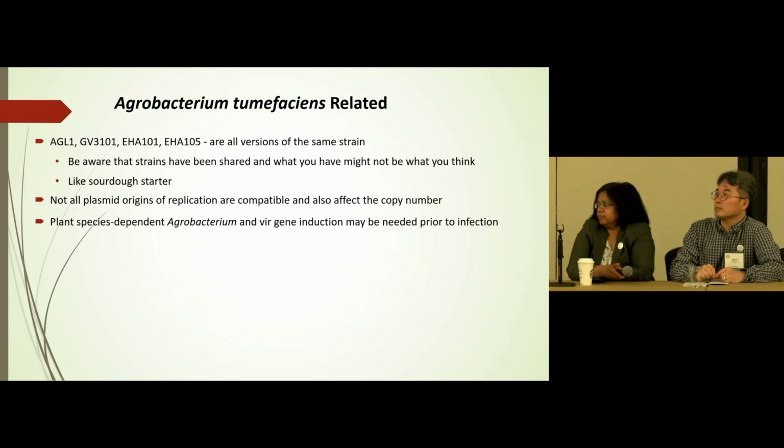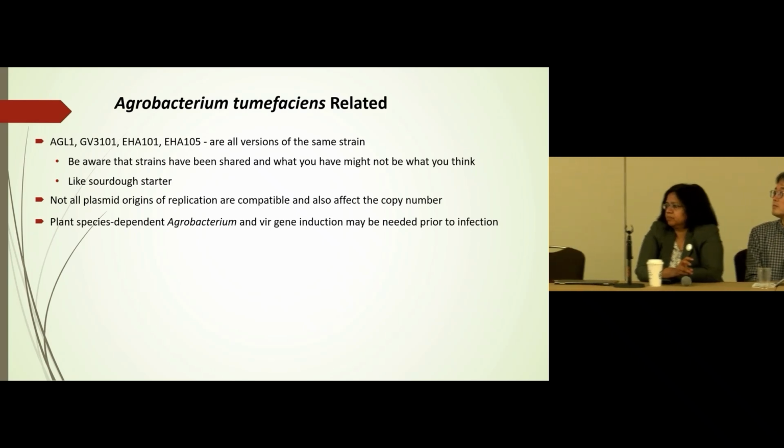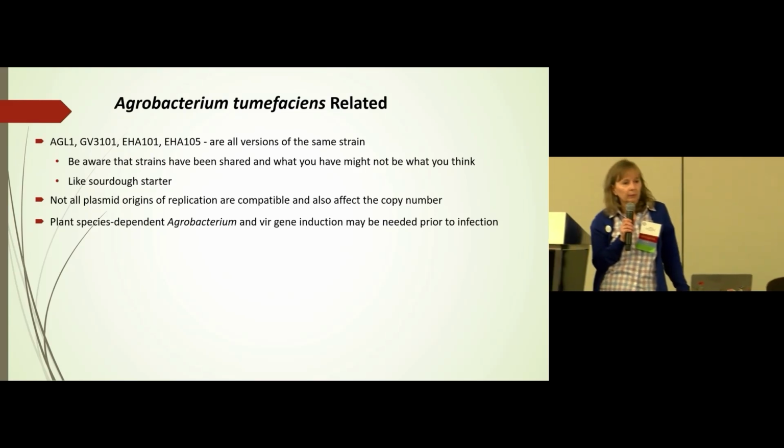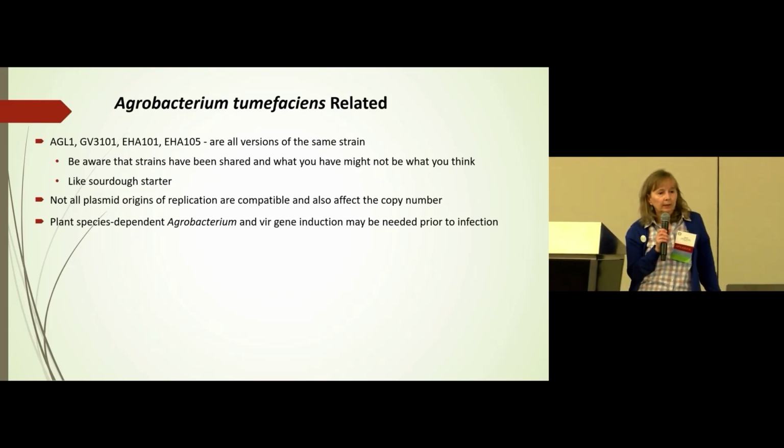Okay. Next topic has to do with inducing the Vir gene system, and as many of you have probably used acetosyringone to do that. But we wanted to, again, just be aware that that's not always necessary, and there can also be negative effects. I've experienced that myself where it really didn't make a difference. But in some plants, it can be plant species dependent.